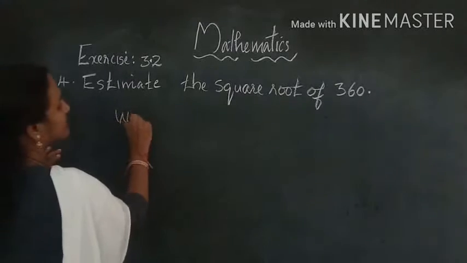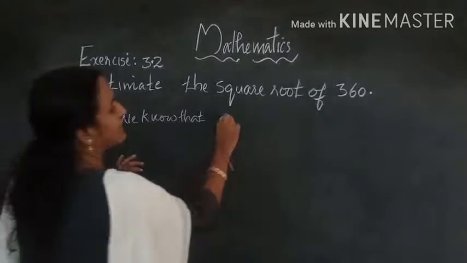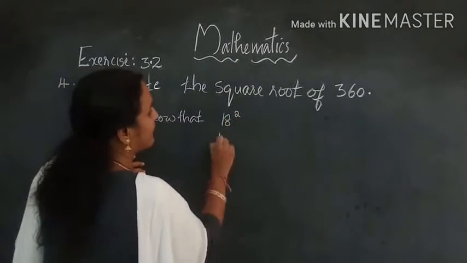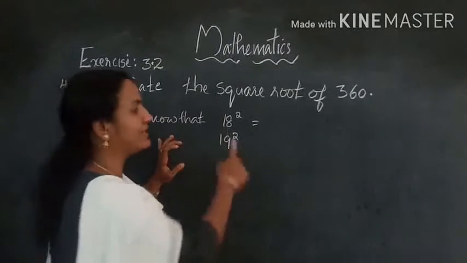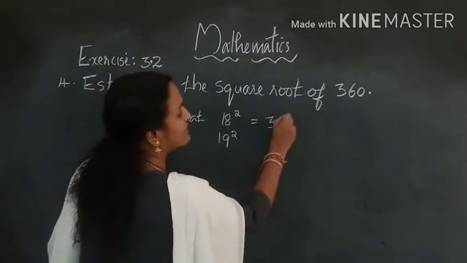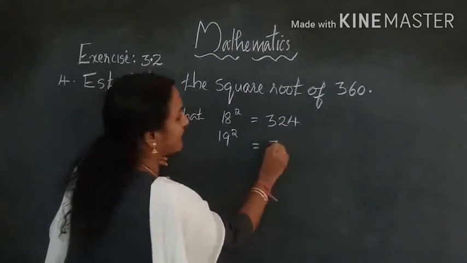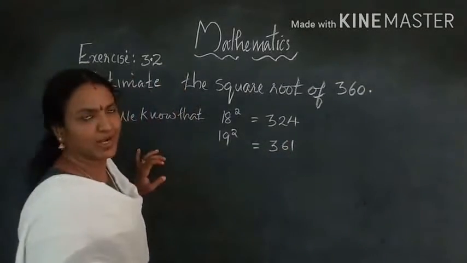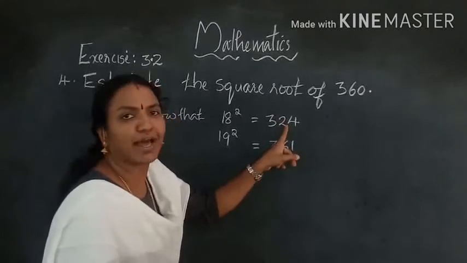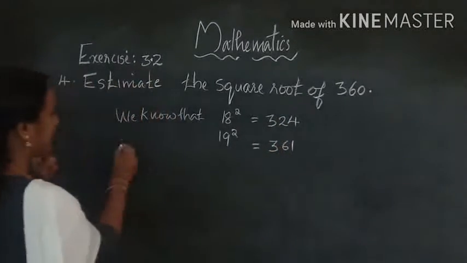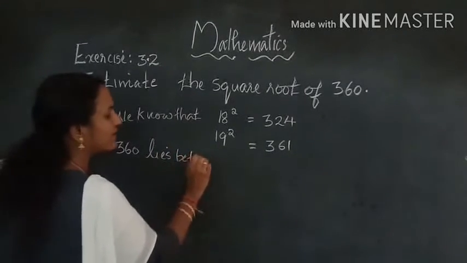We know that 18 square and 19 square. 18 square means 18 multiplied by itself, 18 into 18. 18 square is 324 and 19 square is 361. 360 lies between 324 and 361.